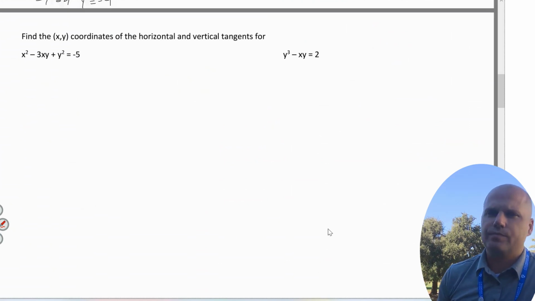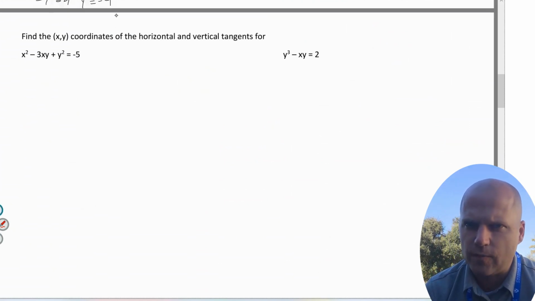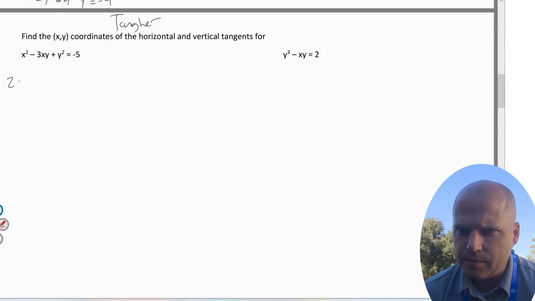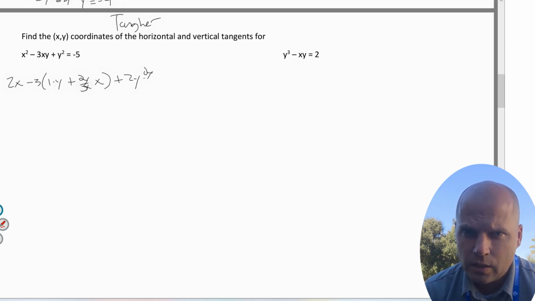Tougher ones. Here's the tougher ones. Why is it tougher? Because after finding dy/dx and what it's equal to, you will not be able to easily set the top and the bottom equal to 0.